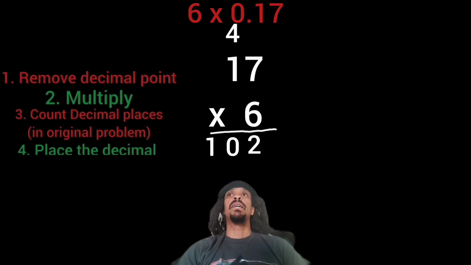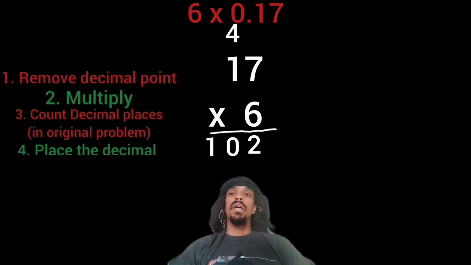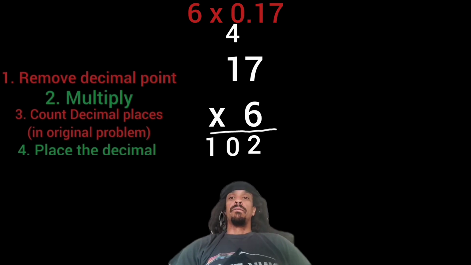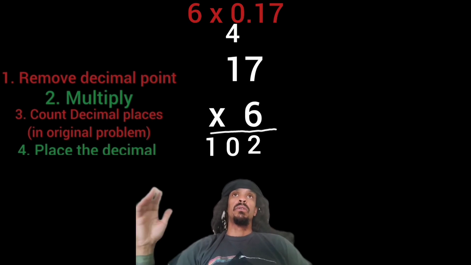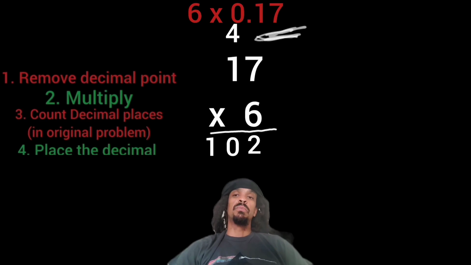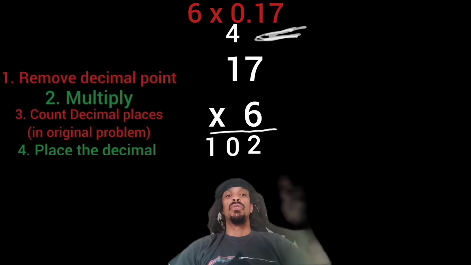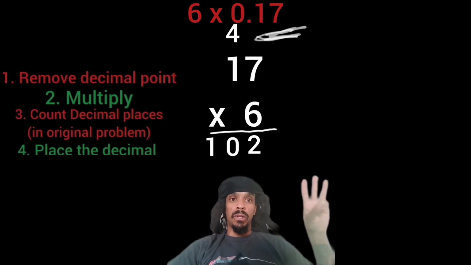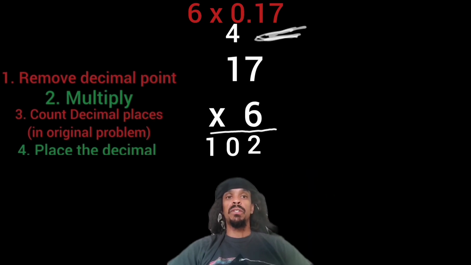We multiplied as usual. Now let's look back at our original problem and count the decimal places. Look at both numbers, but really you're looking at the number that has decimal places to the right. In this case, the only one is 17 hundredths. I see a number in the tenths and a number in the hundredths, so there are 2 decimal places to the right.